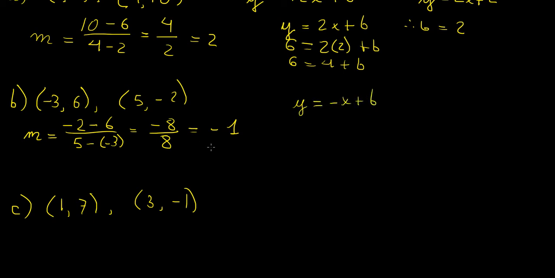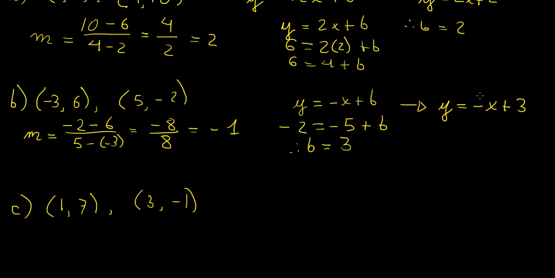And here we can select the set of points. So let's try this one, for example. We're going to put 5 into x and then minus 2 into y. So that means that b is going to become minus 2 plus 5, which is 3. So the equation of the line becomes minus x plus 3.